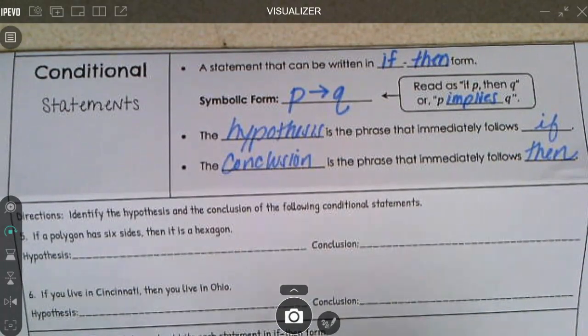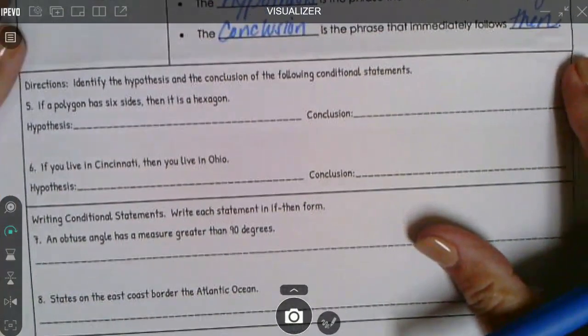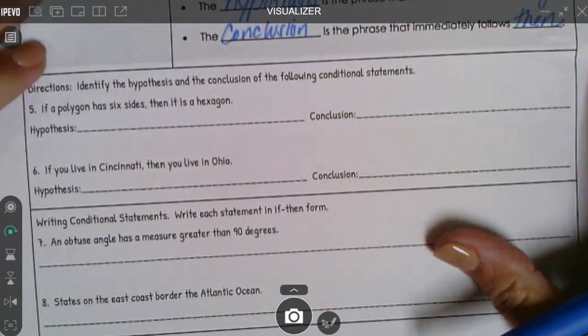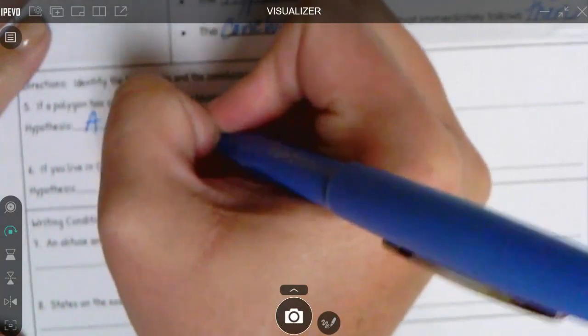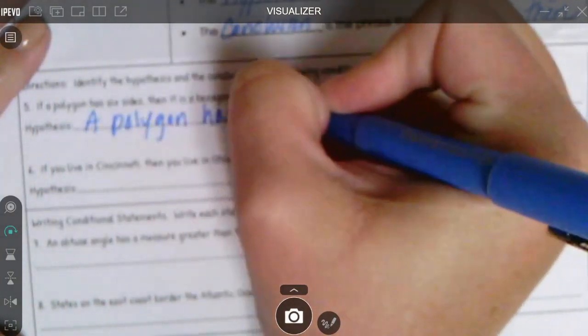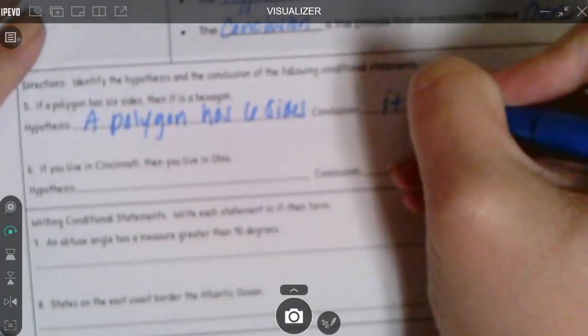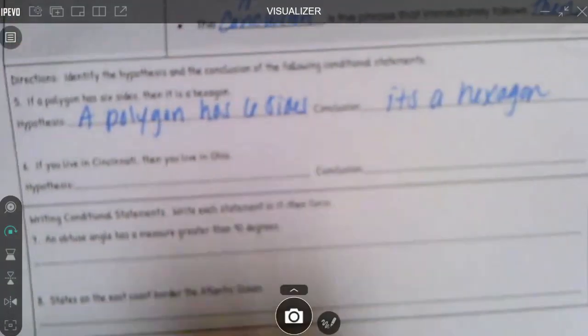Directions: identify the hypothesis and the conclusion of the following conditional statements. If a polygon has 6 sides, then it is a hexagon. The hypothesis is a polygon has 6 sides. The conclusion is it's a hexagon.